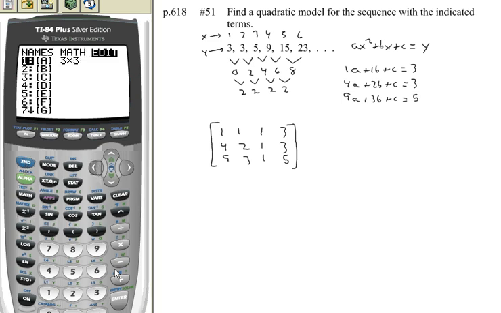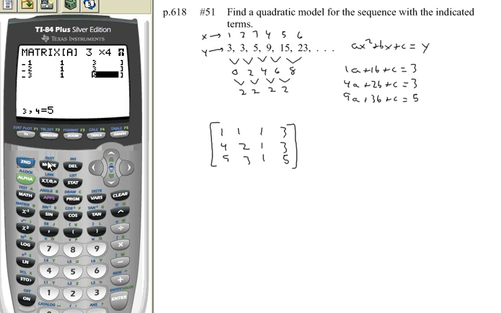I'm going to edit matrix A, and it's a 3 by 4 matrix. Let's put those values in here. We have 1, 1, 1, and 3. We have 4, 2, 1, and 3. And the last row we have 9, 3, 1, and 5.